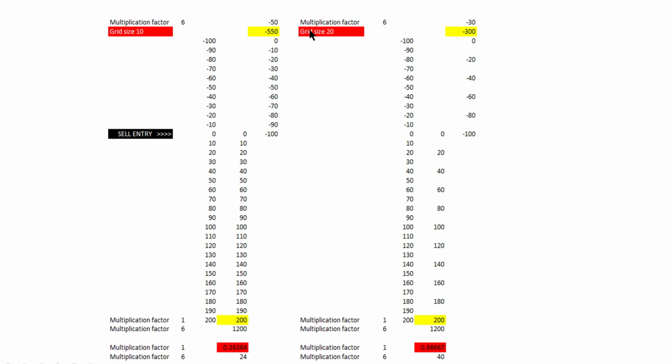Now if we look at the grid size of 20, same thing. On the way down you are generating 1,200 pips. On the way up, because you are cashing in 6 times every time it touches a grid level, you are generating plus 600 pips. Now again, 600 plus 600 minus 300 is plus 300.